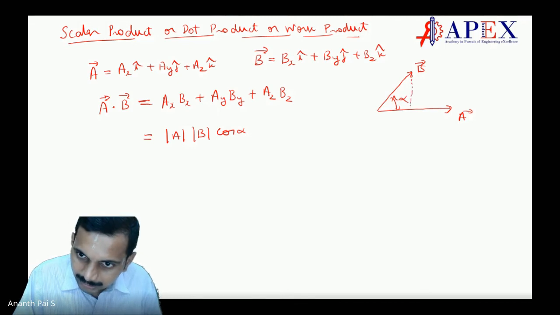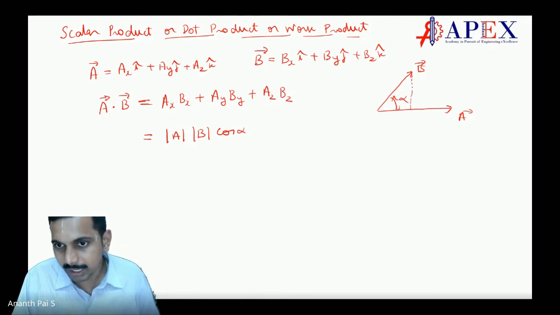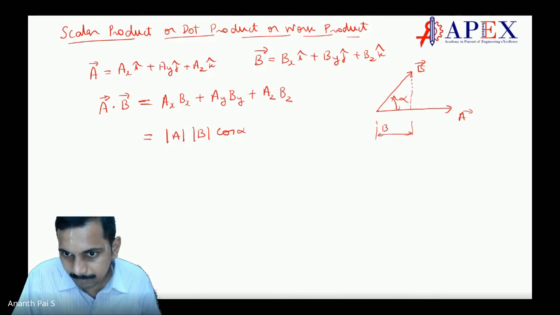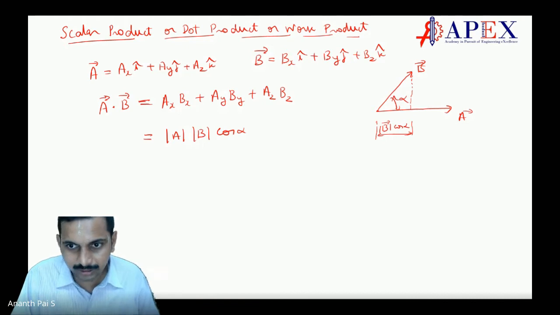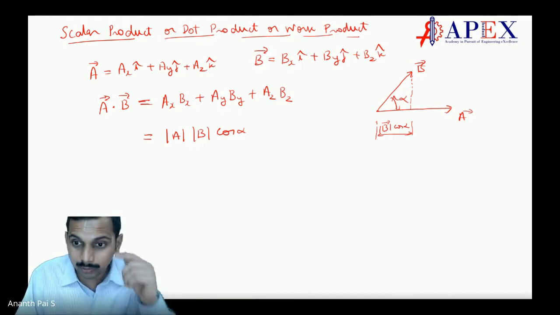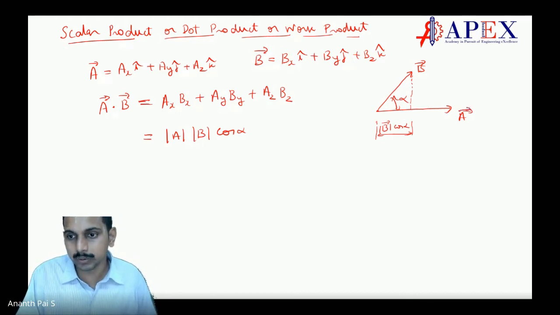I can take a resolution here, a scalar component of this vector, which is magnitude of B cos alpha, this length. So B cos alpha into magnitude of A gives the magnitude of A dot B.